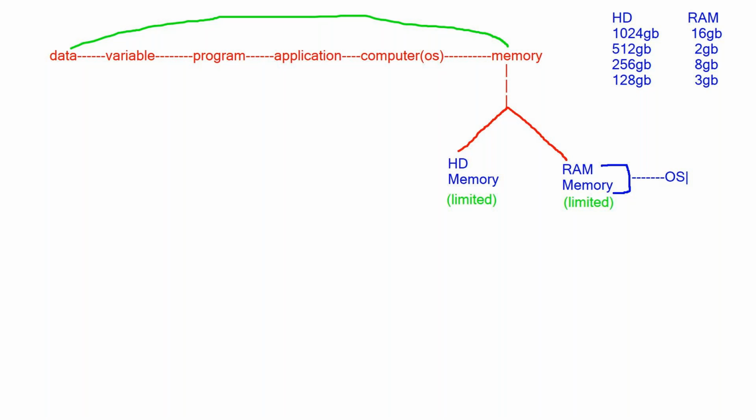But 20-25 years back, when I was a student, they sold computers that didn't have an operating system. We needed to purchase it and install the operating system into that.